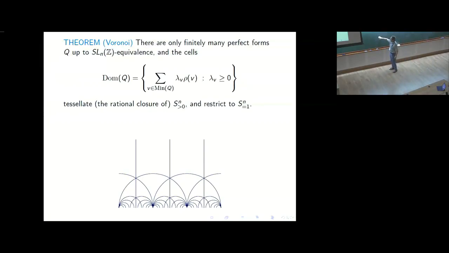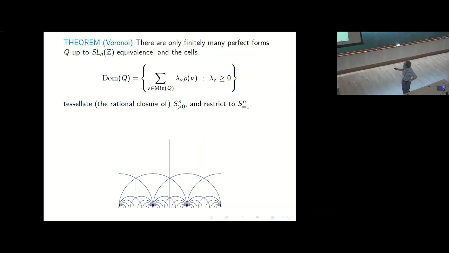There were 6 here, so you get a hexagonal tessellation, but the dual to a hexagonal tessellation is a triangulation. Yeah, in n variables. But now the pictures will only be for 2. So this is the tessellation that you get from this.